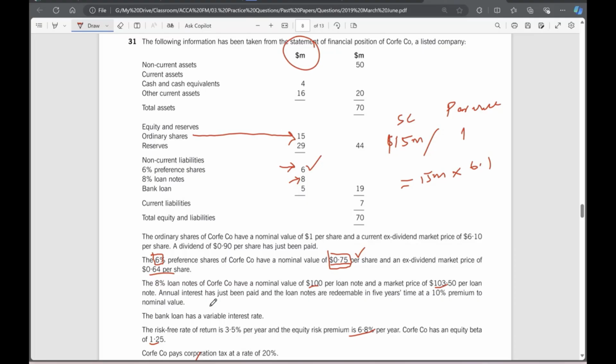So always write the formula somewhere. For preference shares, D naught is equal to par value multiplied by dividend rate. Similarly, for loan notes, I into 1 minus T over P naught, where I is equal to interest, which is par value multiplied by coupon rate.